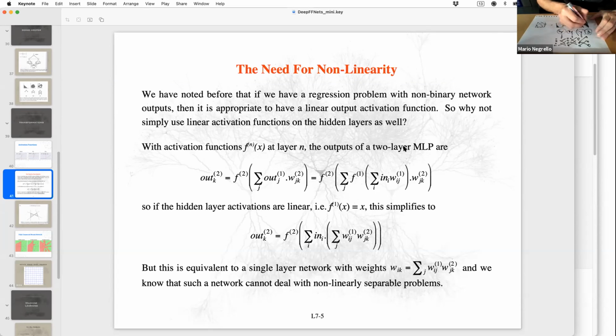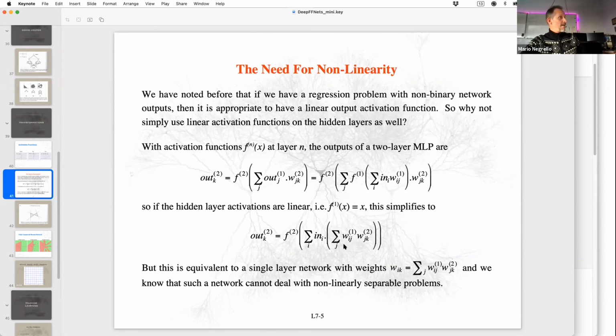The moment that you apply a function here, you can no longer collapse them all together. You can only collapse them together in the case that the activation functions of the individual neurons are linear. That's the fact. To do the proof is really a little bit like the slides that you see here.